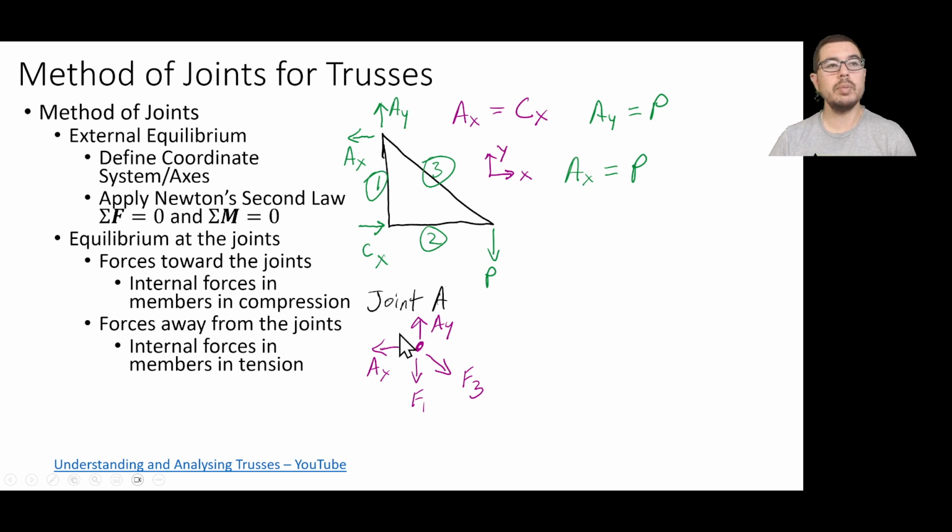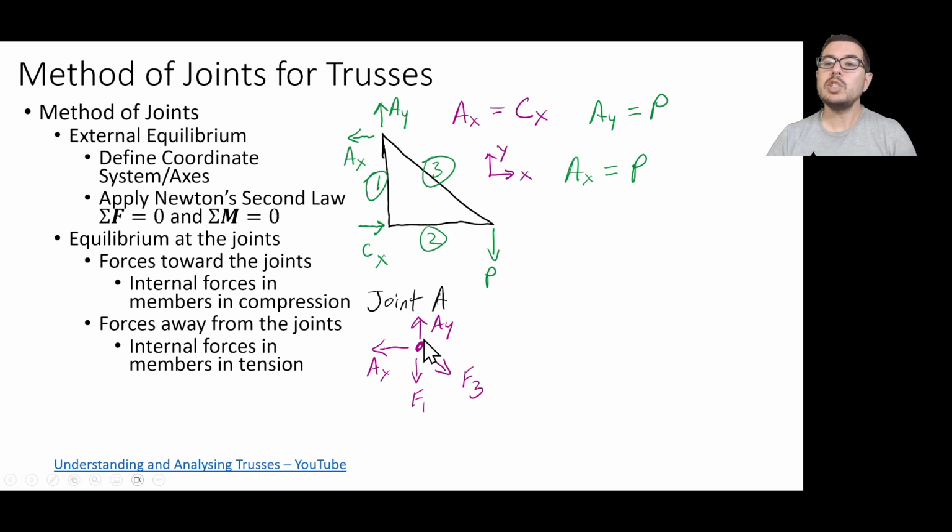That may be a little bit counterintuitive, but if you think about it, this is a joint that has a force pulling it down potentially by this member 1 up here. So if it's being pulled, then on the other end of that member, or some location of that member, I've got to have some type of force that's pulling and putting it under tension.